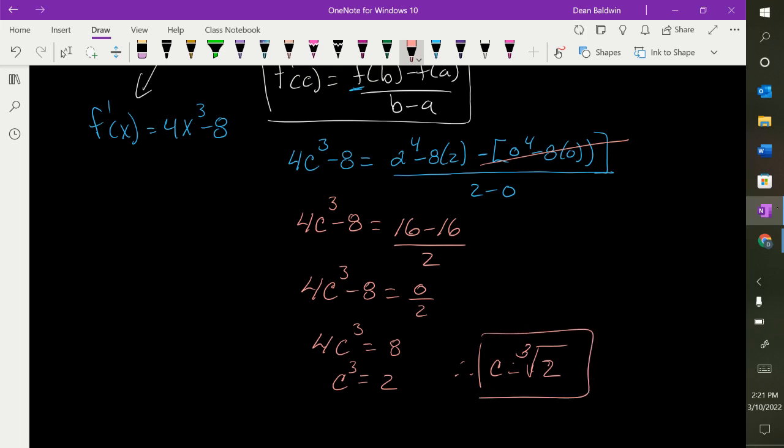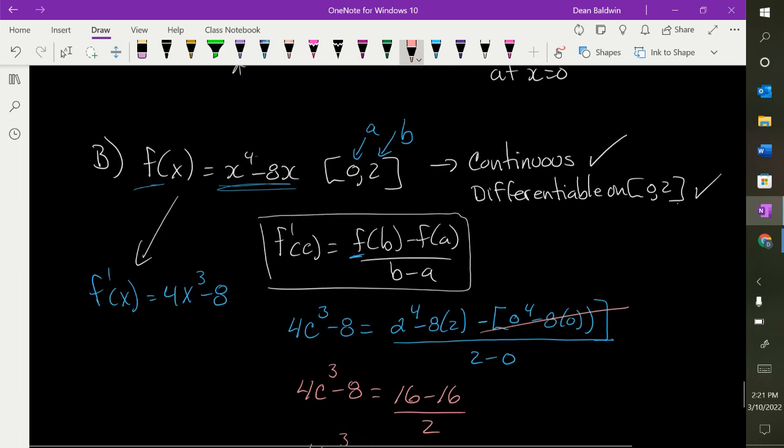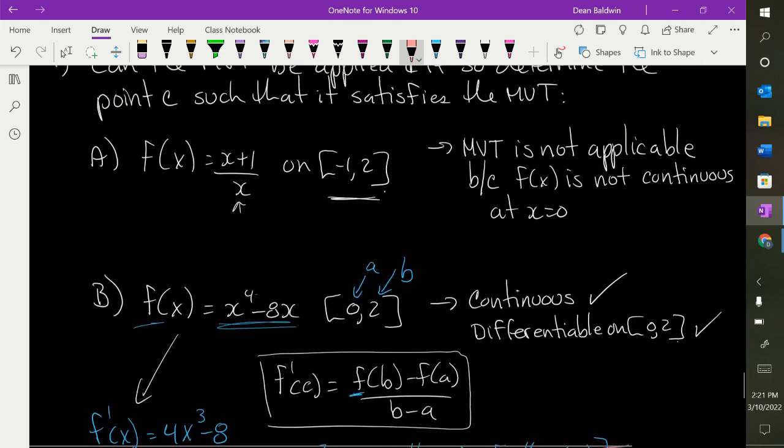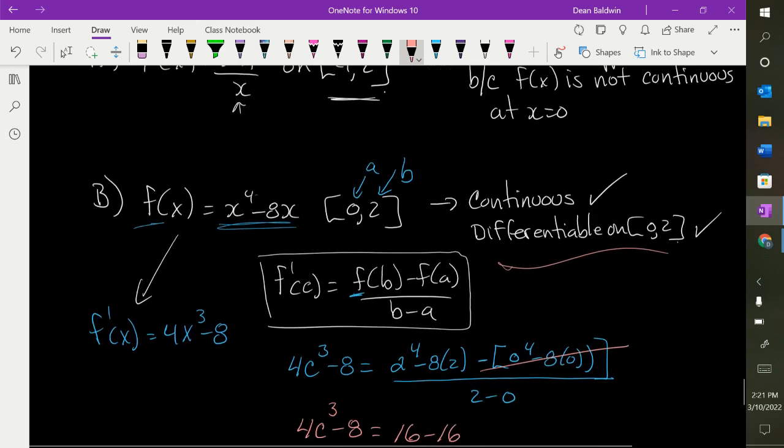That's all you do. First of all, let's recap. When you have the mean value theorem and they ask you to find c, you check to see if the function is continuous. If it's not continuous, you throw it out, you're done, it doesn't even apply. You also have to check to see if it's differentiable. The only time it won't be differentiable on your interval is if you have fractional exponents that are less than 1, so x to the 2/3, x to the 3/4.